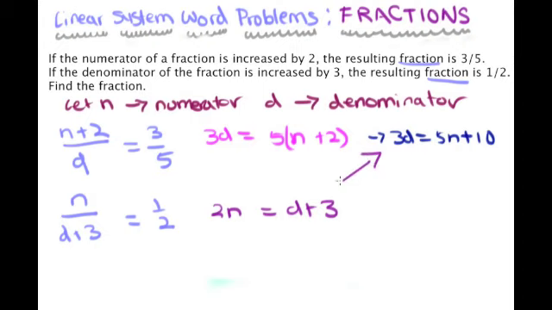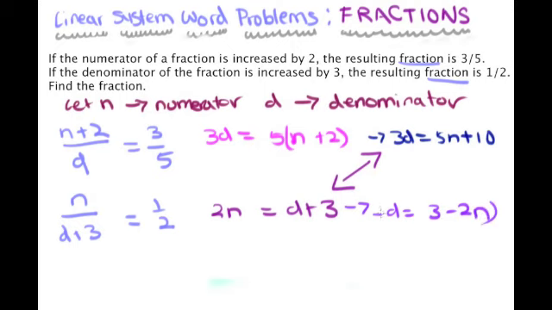Since we have these two equations here, let's solve it. I am going to use the elimination method since none of them are really isolated. It would take some work to isolate this d, but I'm going to use the addition and subtraction, or elimination, method. So I am going to bring the d over on this one. We will have negative d is equal to 3 minus 2n.